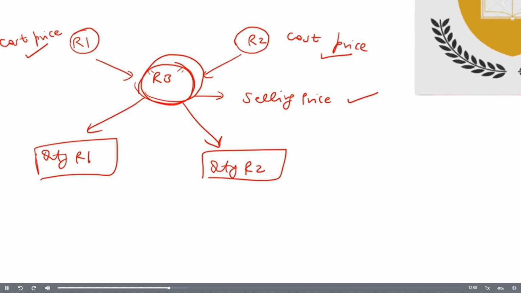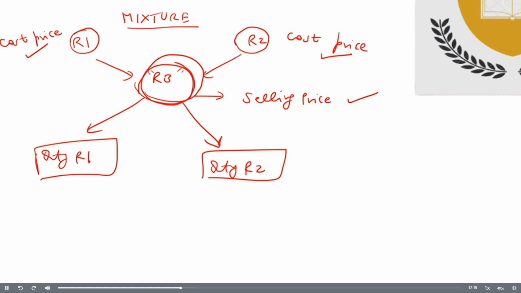I will repeat again. There will be a question where there is a mixture of two or more types of the same item. It could be rice, coffee, or tea. For example, there are two types of basmati, Basmati A and Basmati B. You will be given the cost price of Basmati A and the cost price of Basmati B. And there is a third product which is made by mixing these two.